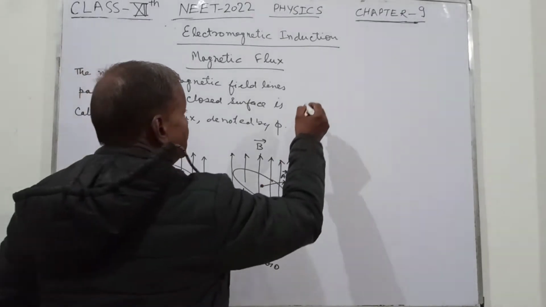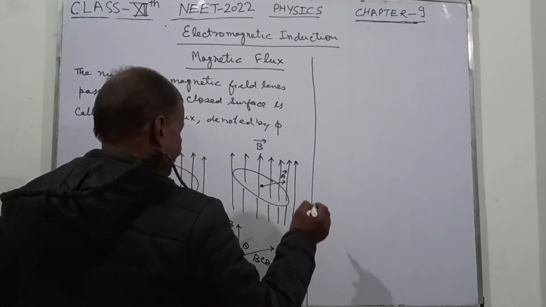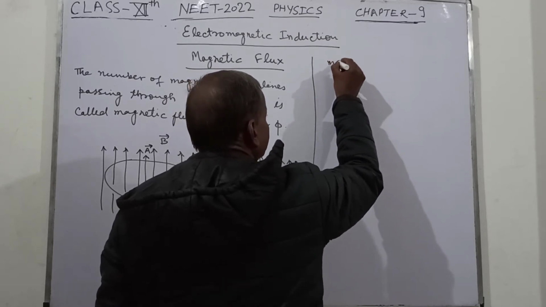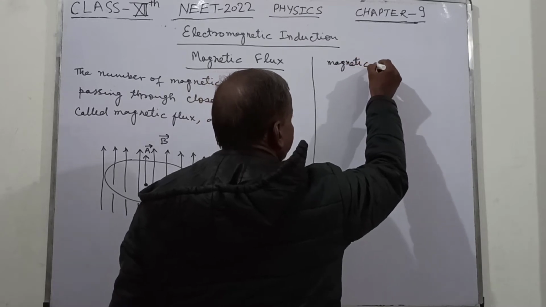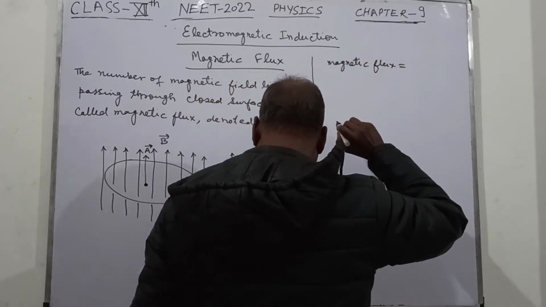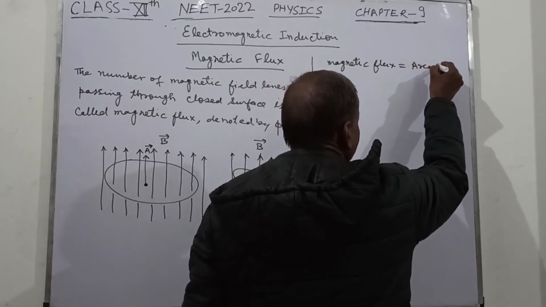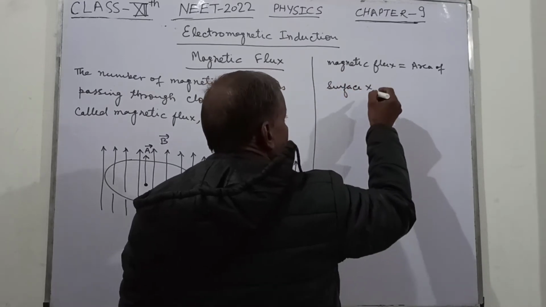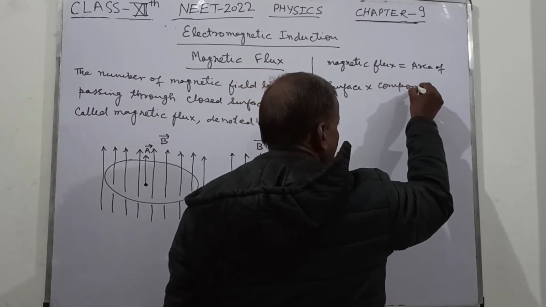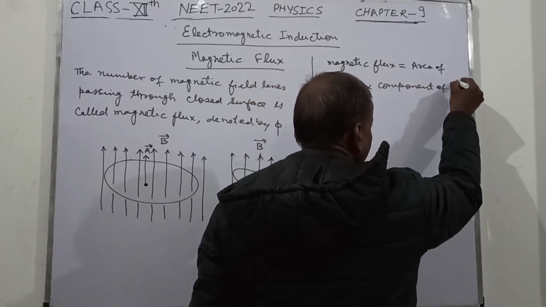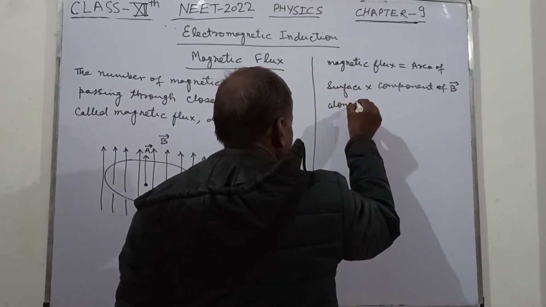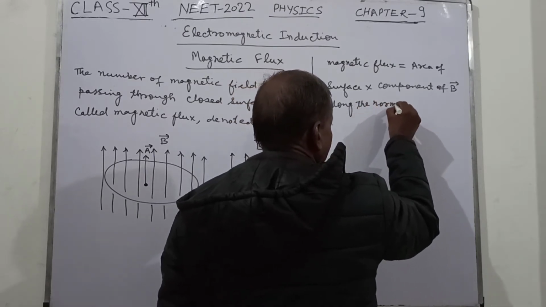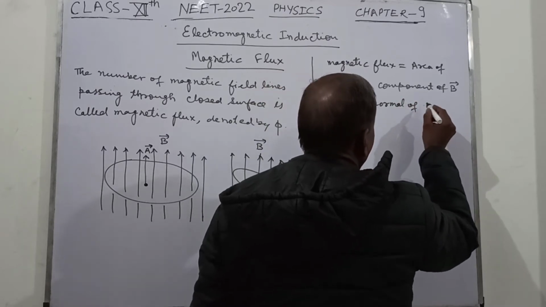So now we have the product of the two. Magnetic flux is equal to the area of the surface into the component of B along the normal of the area of the surface.